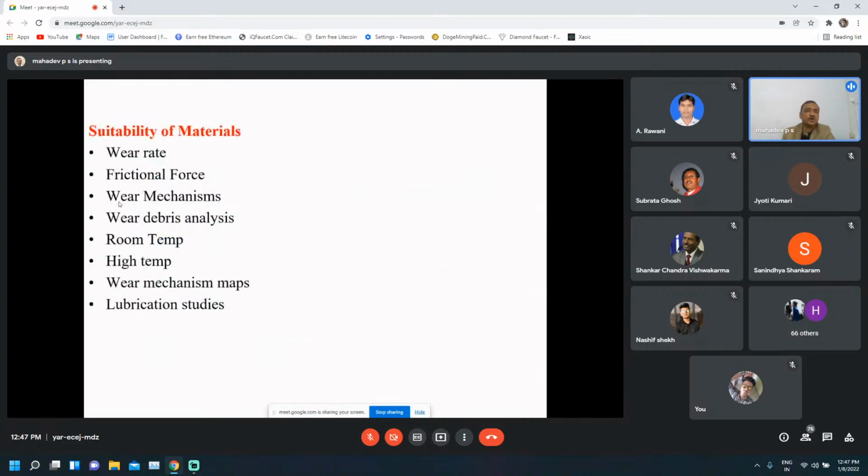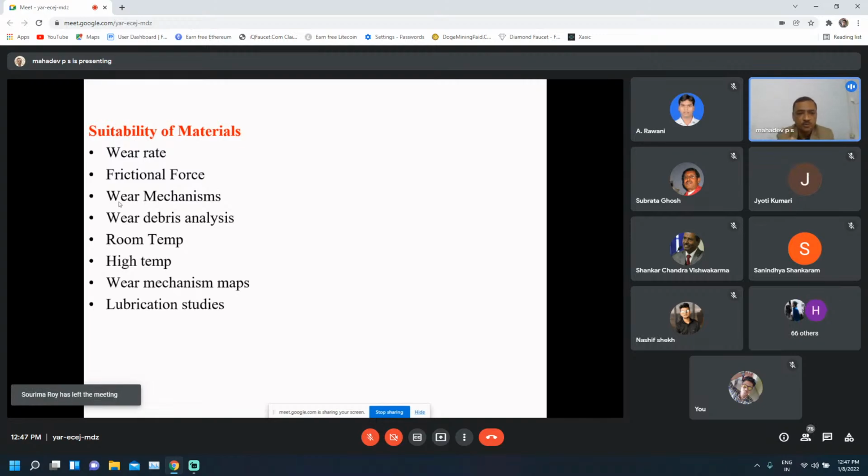So the suitability of the materials is tested for wear rate. By using this Tribo testing, we are measuring wear rate and the frictional force. We can find out the wear mechanisms by observing the worn surface under an optical microscope or a scanning electron microscope. The material loss occurs due to movement of the pin over the sliding counter body.